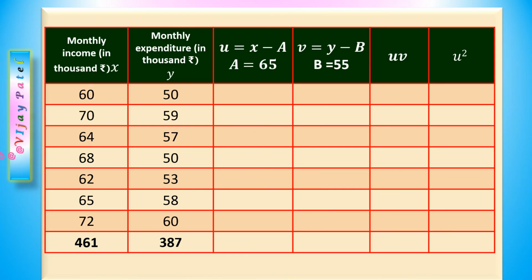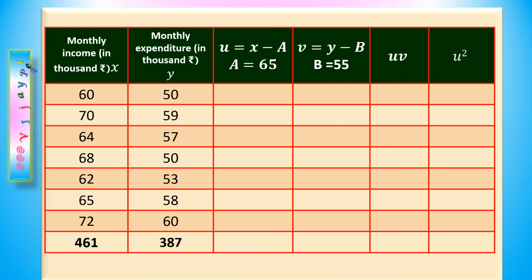To find the constant values of b and a by using this table, here monthly income in 1000 rupees is denoted by variable x and monthly expenditure in 1000 rupees is denoted by variable y, of which the values of variables x and y are given. U is equal to x minus a, so we have to form four new columns u, v, uv and u square. Here a is equal to 65 and b is equal to 55.